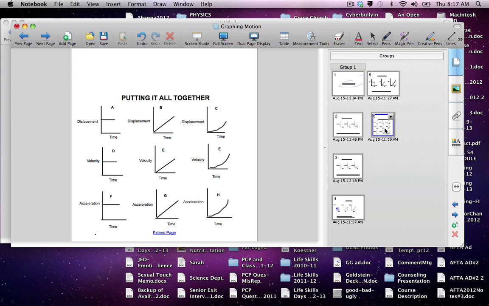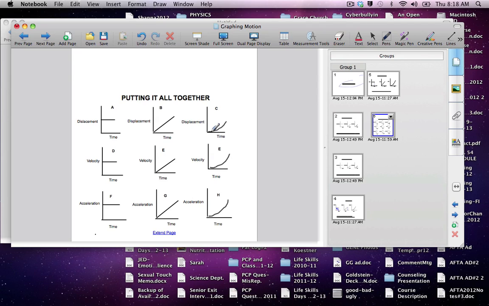So if you said that acceleration is changing uniformly there, and uniformly there, you're correct. These 3 are saying the same thing. F, E, and C. They all represent uniform acceleration.